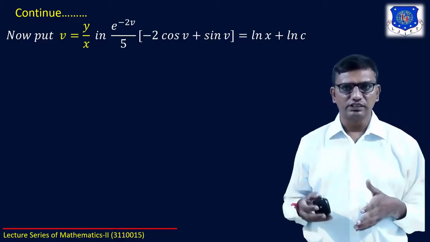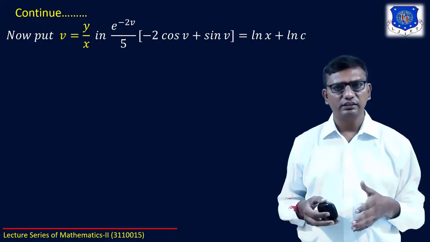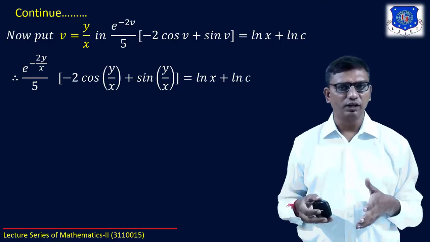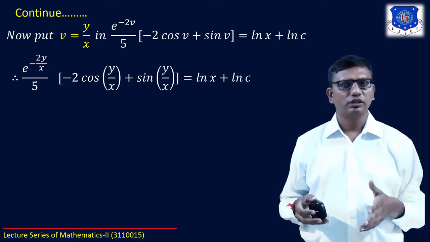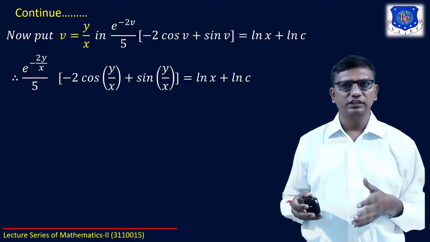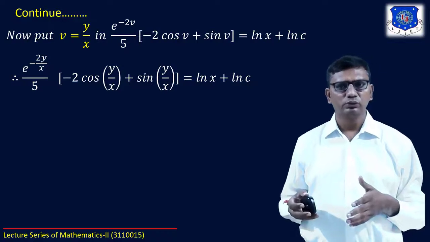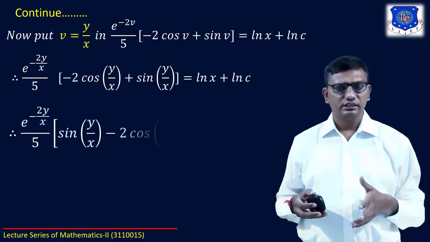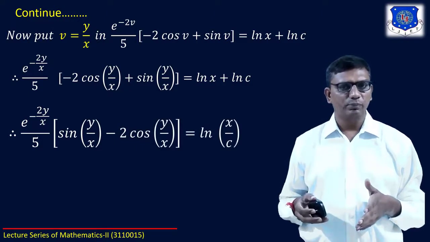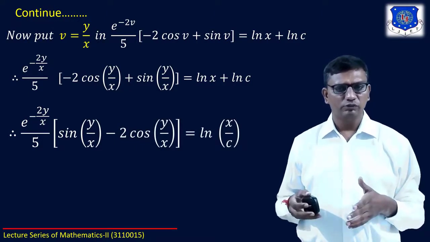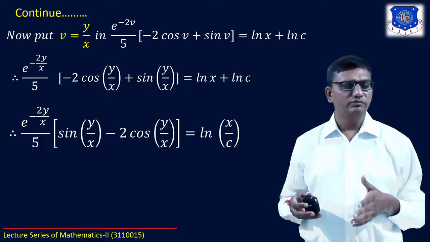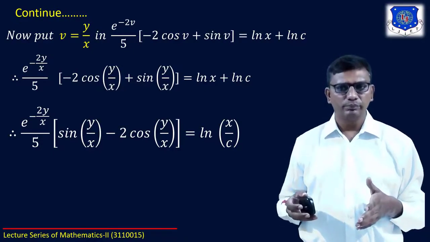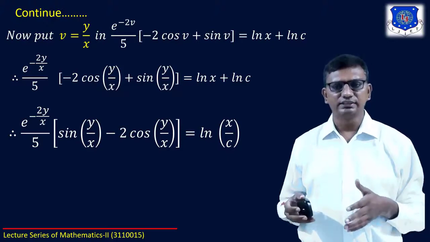Then we get e raised to minus 2y upon x by 5 into (minus 2 cos y by x plus sin y by x) equal to ln x plus c. That can be written like this: e raised to minus 2y upon x, 1 upon 5, into (sin y by x minus 2 cos y by x) equal to ln x plus c.